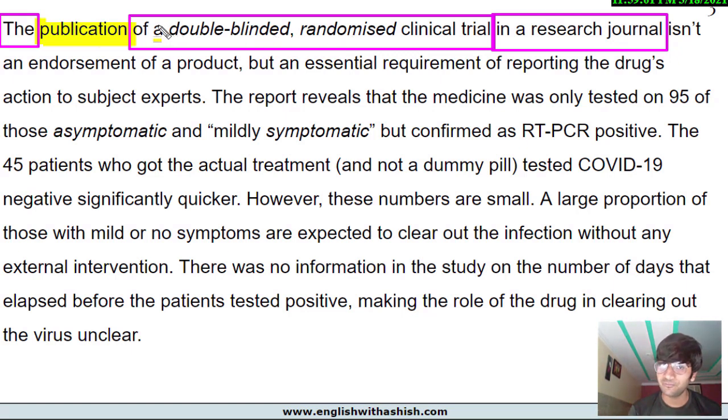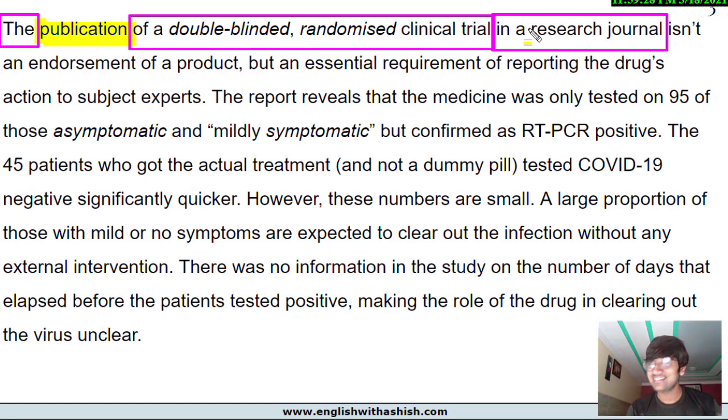Clinical trial means related to the clinic. So we have three adjectives and one article which also works as an adjective. In this prepositional phrase we have one preposition, four adjectives and one noun.